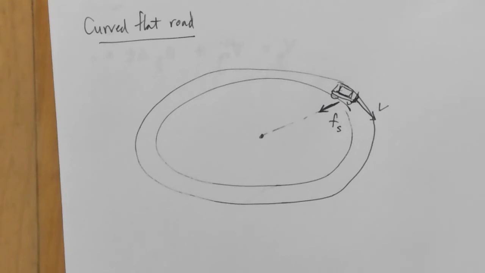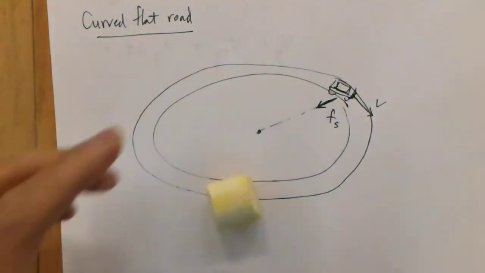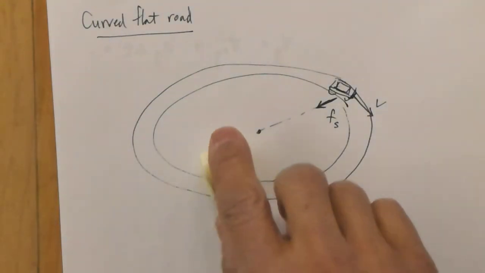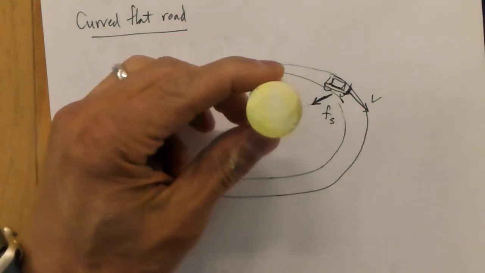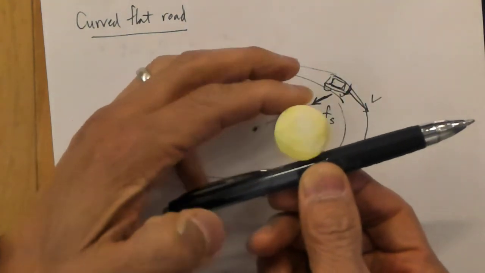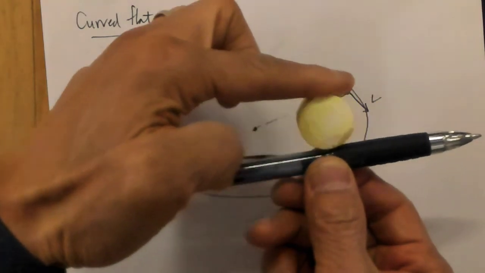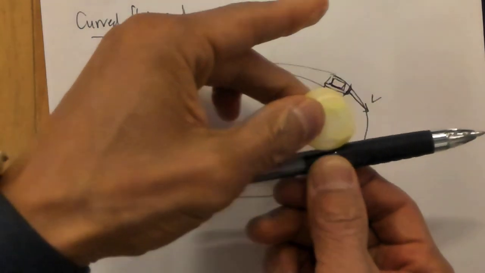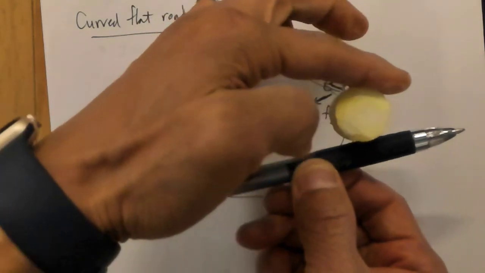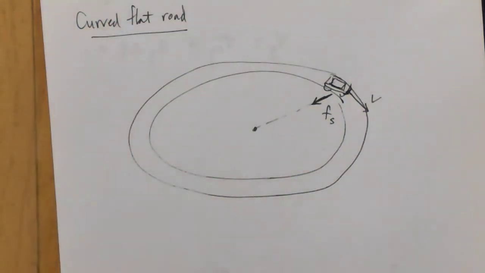Well, if you're not skidding, if your tires are rolling perfectly and not sliding on ice or something, then when something's rolling without slipping, the bottom surface is actually contacting and there's no slipping. Does everybody understand? It's not sliding like this. In that case, it really is static friction.